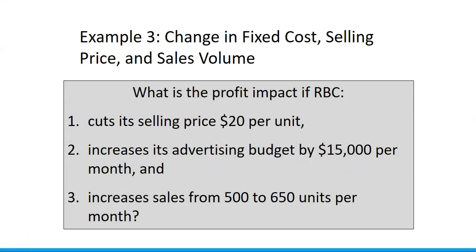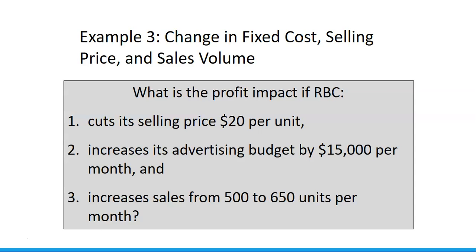Example 3, we change the fixed cost, the selling price, and sales volume. So we're doing a whole combination of things. We decided not only are we going to increase our monthly advertising budget, we're also going to give a discount on our sales price.